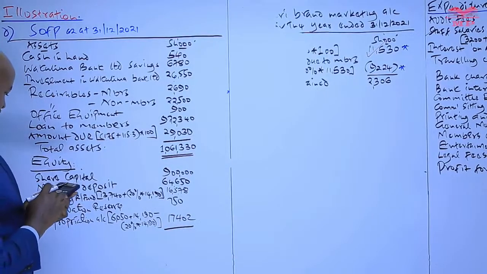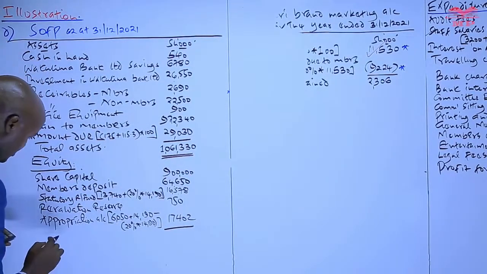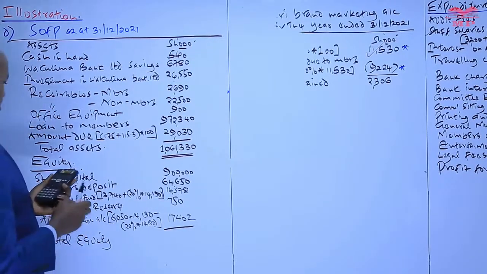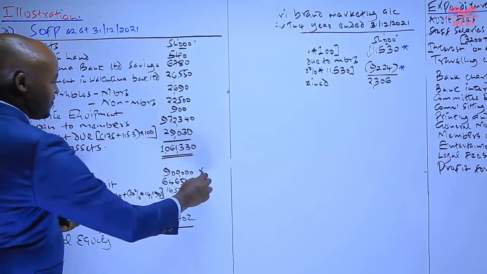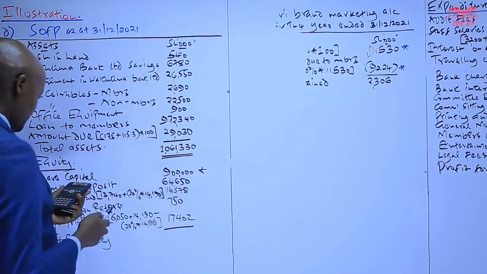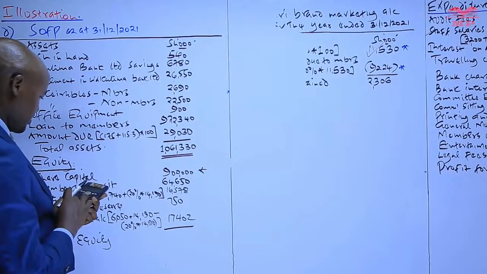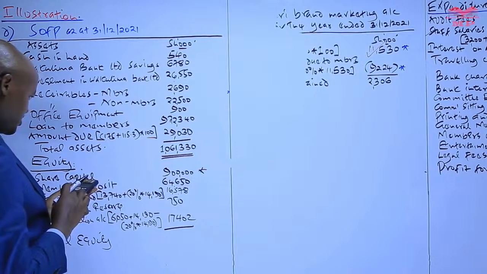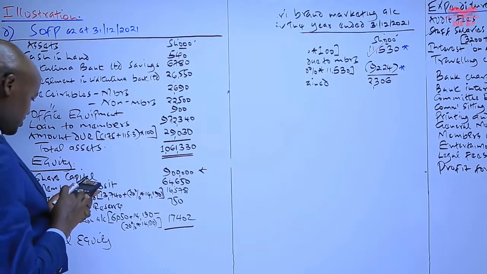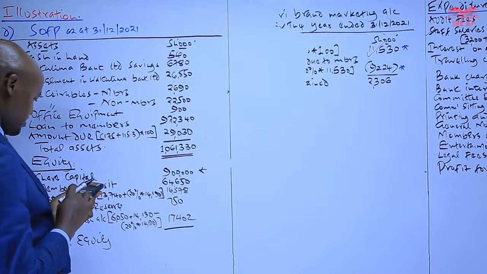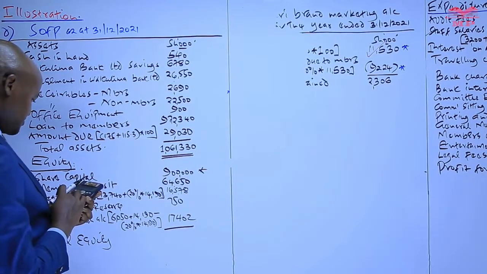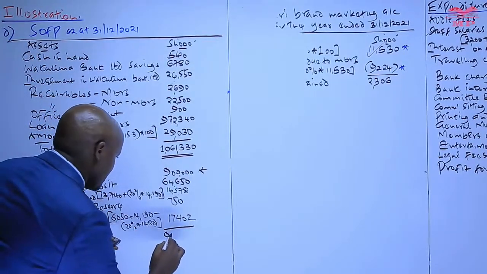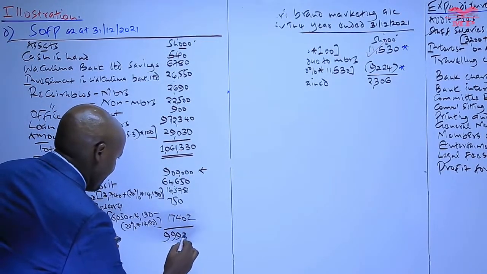So what we then need to do is to get the total equity. Let's get the total equity by adding all these items, starting from there: 17,402 plus 750 plus 16,578 plus 64,650 plus 900,000, which will give us 999,380.